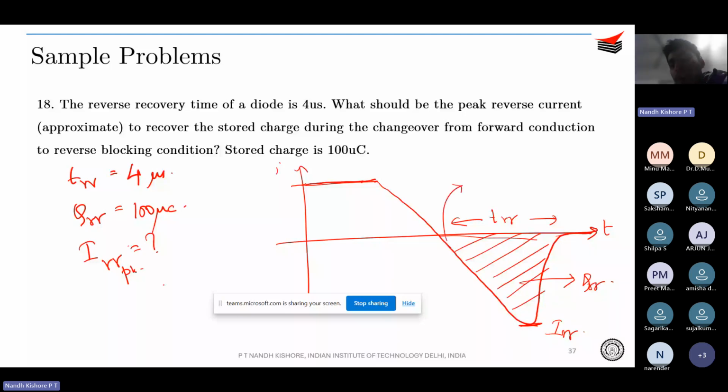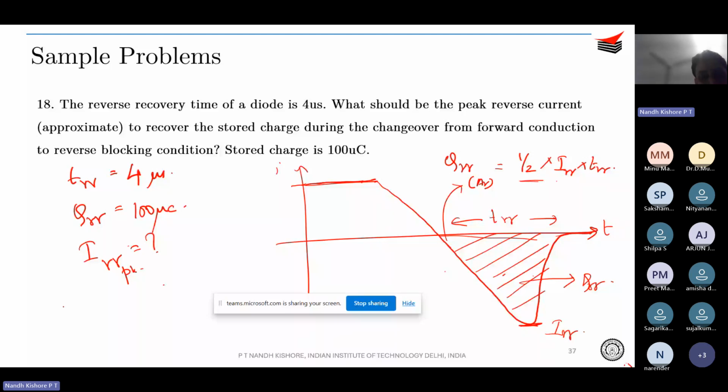Okay. So if I can approximate this as a triangle, I can write that the area or QRR is going to be half into base into height, right? Half into IRR into TRR, right? So this is the area. From this relation, you can find out what is IRR, right?